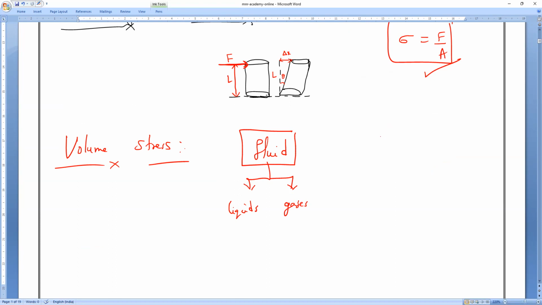Now, we all people are living in the air. Am I right? Will you all agree with me? We are all living in air. Is it right? Please respond. Imagine I am standing in the air. Is my body experiencing the pressure of the air or not? Everybody, please respond.